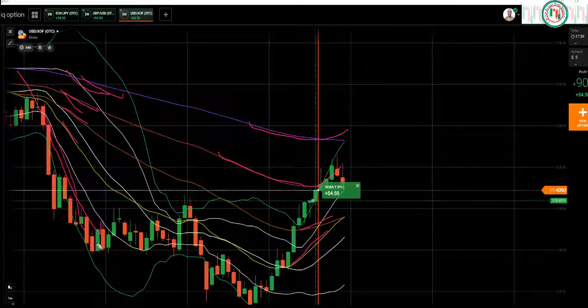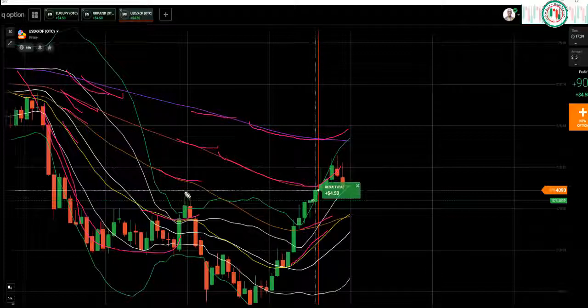Here is a strong downtrend, and from here you see the EMAs are losing steepness. You see from here, it shows that the market is trying to change direction. You see here, and this 20 EMA is going against 50, meaning that the market is changing direction.